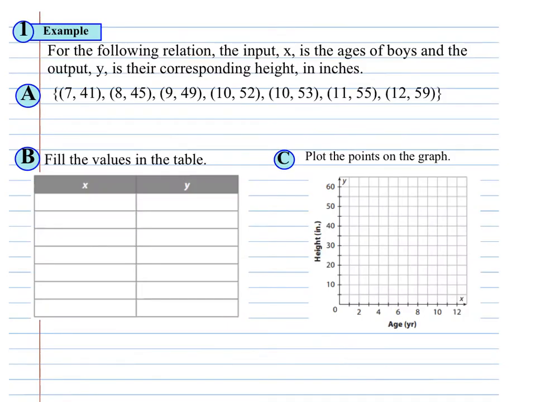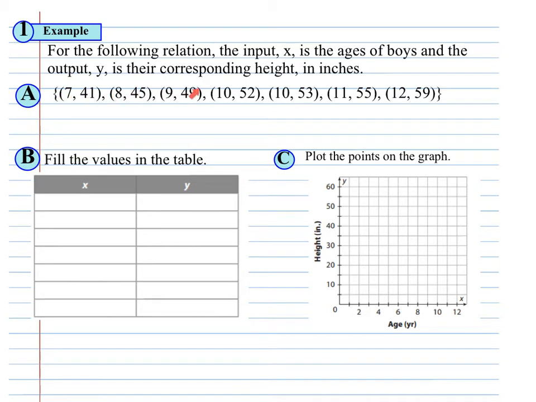So on this problem, they're asking about the following relationships. The X is our input, and X means the ages of boys, and the output is Y, which is their corresponding height in inches. This right here is our set of numbers, the corresponding ages with the corresponding heights.